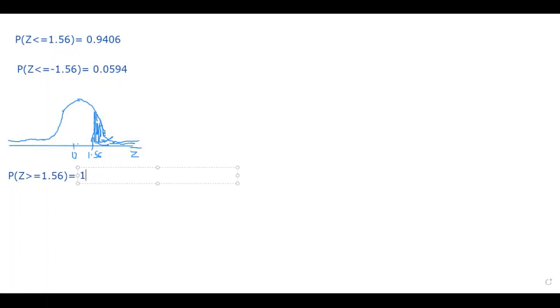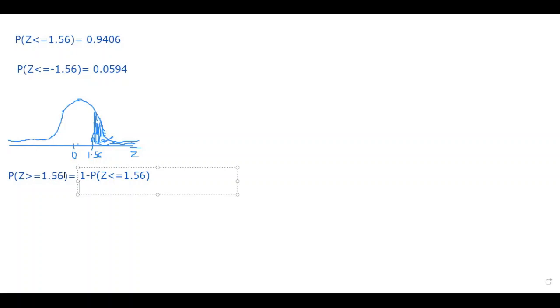1 minus the probability that z is less than or equal to. So the moment we bring 1 minus, it means we can change the greater than or equal to sign here to less than or equal to the same 1.56.